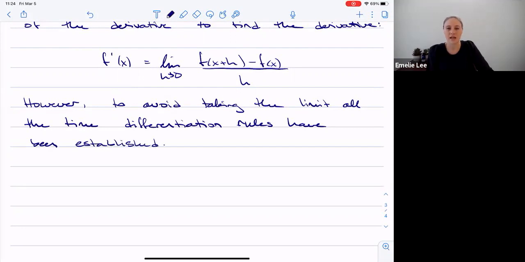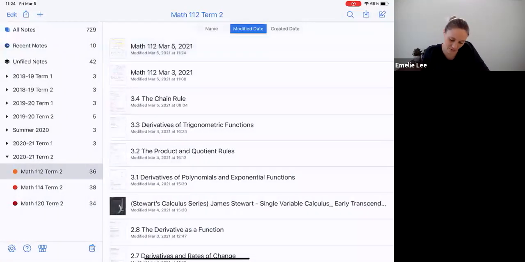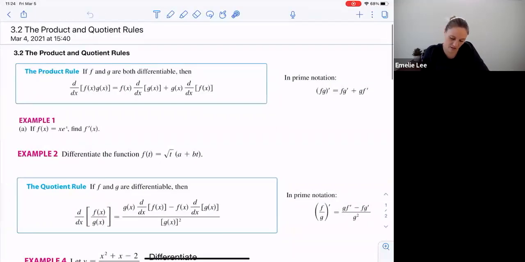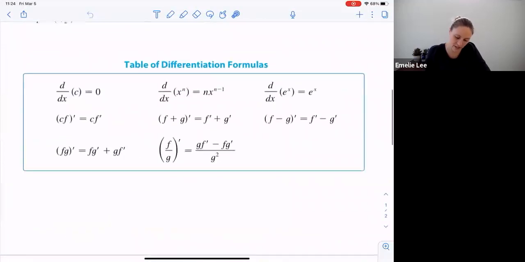Yeah. And I posted some notes, I feel like it was maybe yesterday. At the end of the section 3.2 notes, if you just scroll to the very end, all the differentiation formulas are summarized here. So we're going to go through them one by one and kind of pick away at them. But if you're looking for a summary table, this is the one that I would use, right? Or copy out or definitely have ready somewhere.